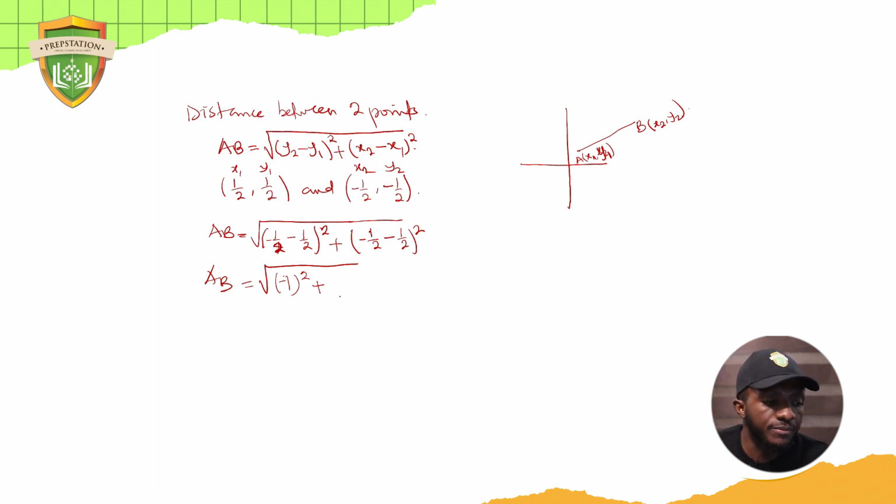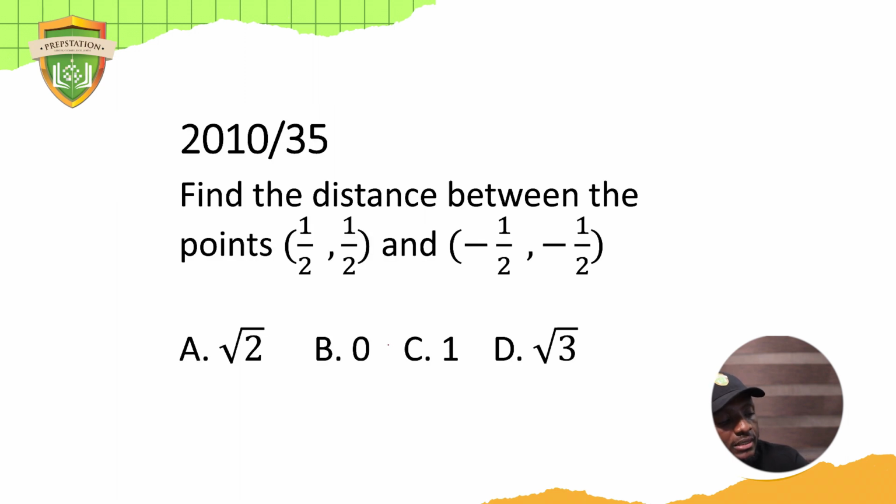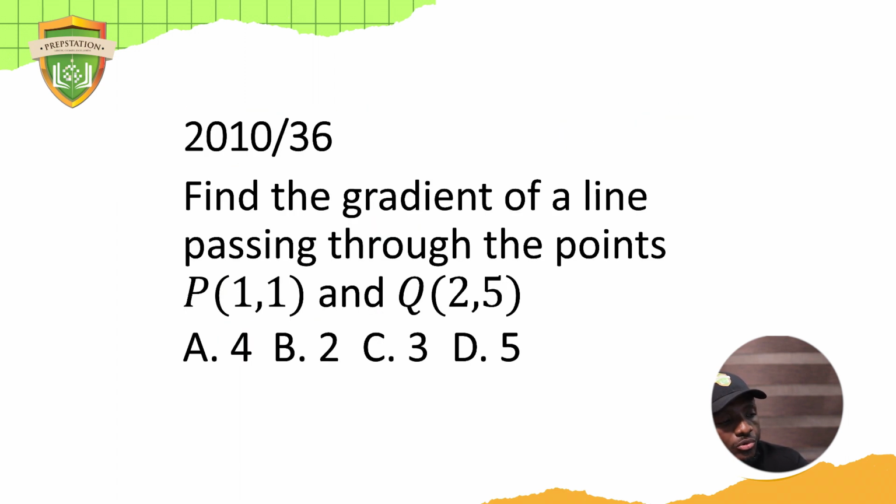So this is negative 1. Now, something similar happens here. So this is also negative 1. And square it. Now, when you square a negative number, it becomes positive. So this is 1 plus 1. And 1 plus 1 is what? 2. So the correct answer, length AB, is equal to root 2. Let's see if we're correct. Now, that's option A, root 2.